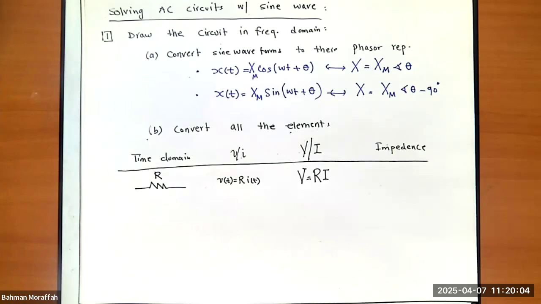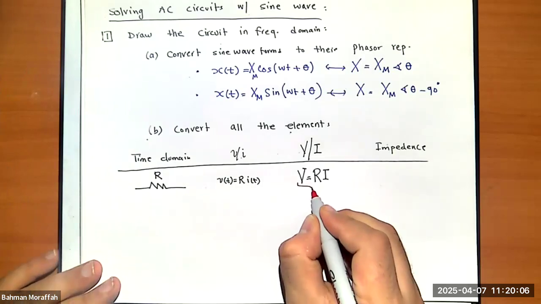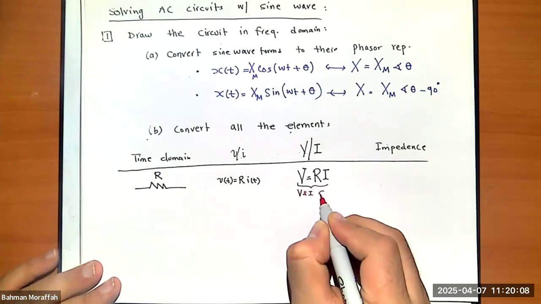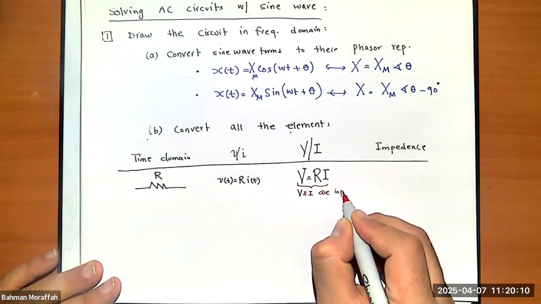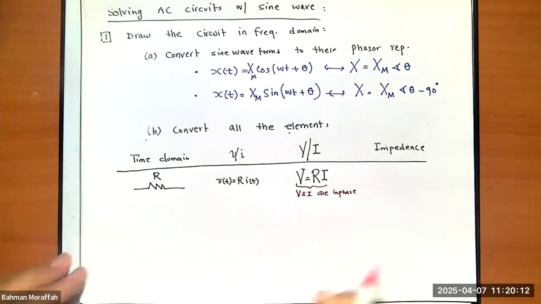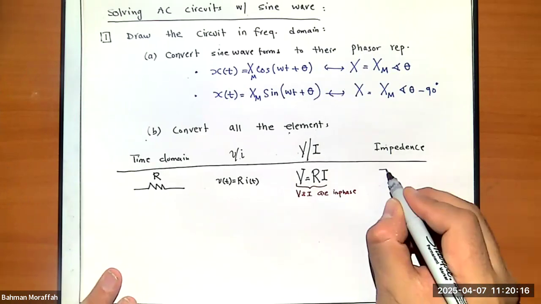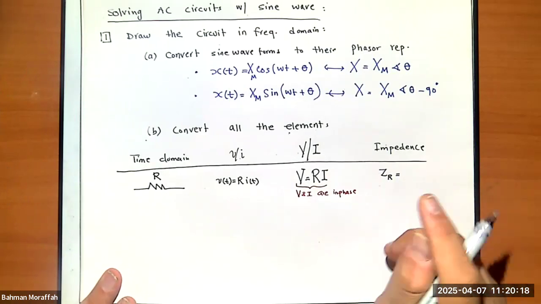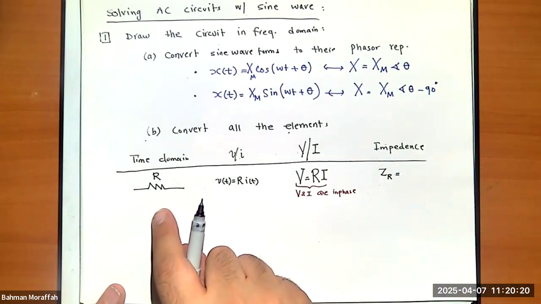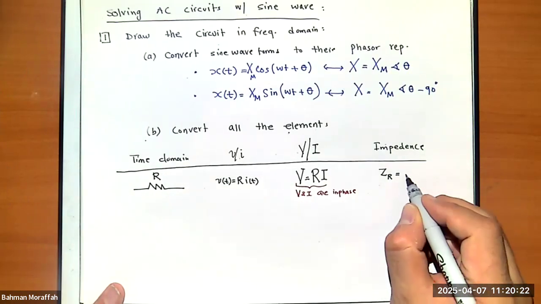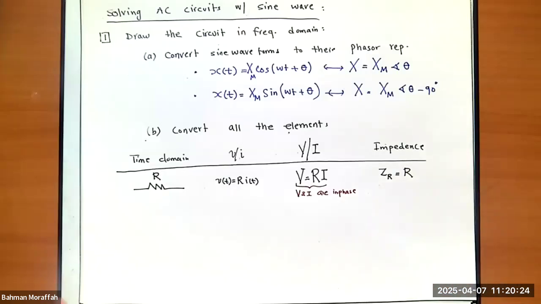V and I are in phase. And this R over here represents our impedance. So we know if we have a resistance in time domain, the value of the impedance in frequency domain remains the same, and it would not change, right?